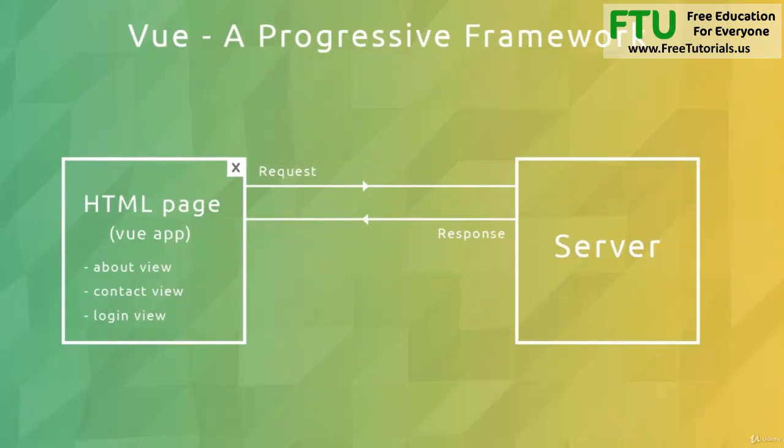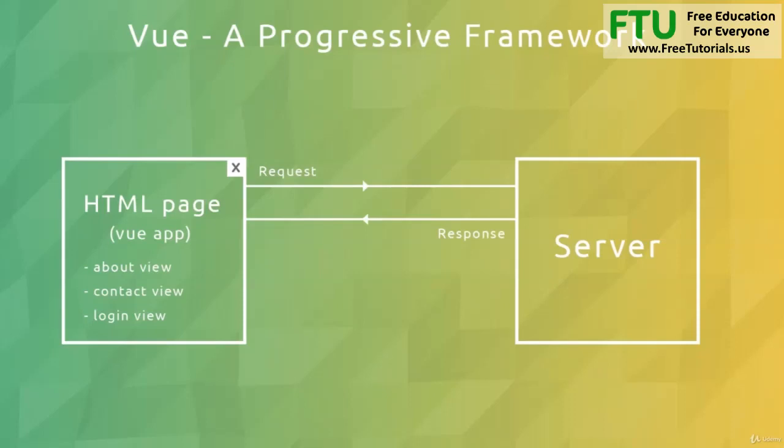So, when a user now navigates around the website to get different pages or views, Vue.js handles this. No further requests are made to get follow-up pages from the server. So all of our views, such as the About view, the Contact view, or the Login view, all of this is handled by Vue.js on the front end. So this makes for a very slick web application with a smooth experience.